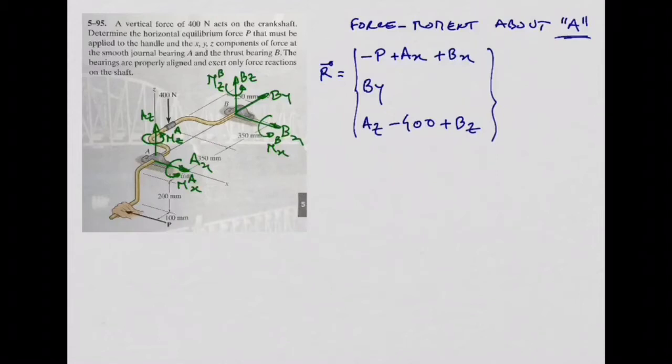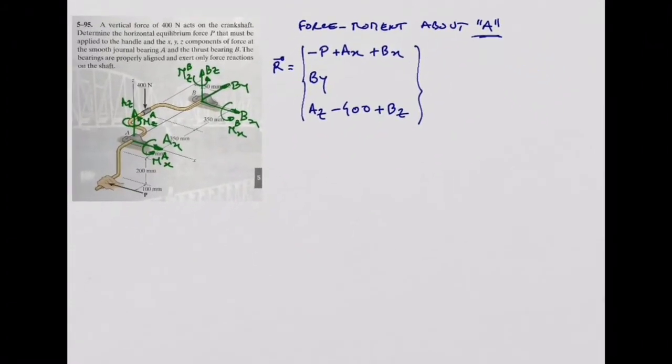And now we need to work the summation of moments about point A. Because this is a 3D problem, let's use the expression, the external product of a position vector with a force vector, like we did last week or 2 weeks ago.